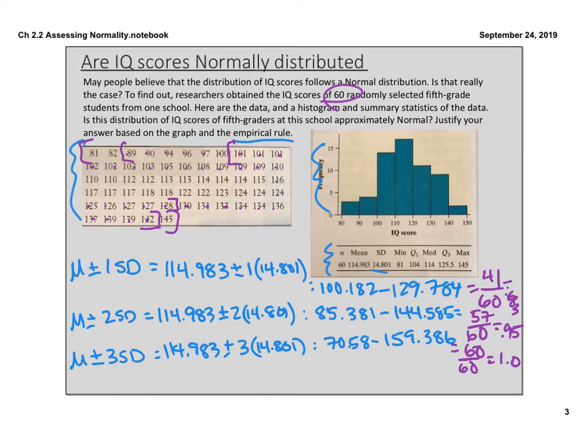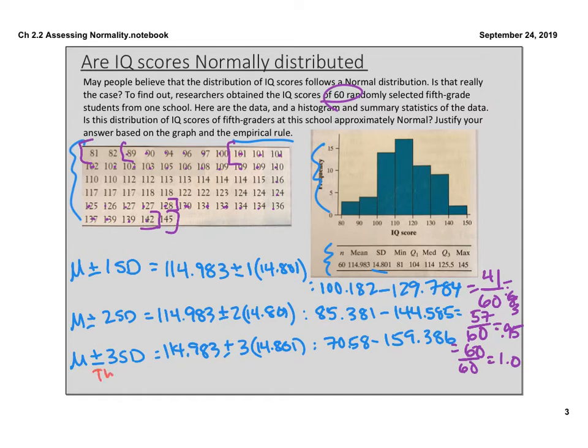So it's not exactly the empirical rule. I get 68.3, then 95, then 100%. It's not quite exact. However, it fits so closely that we could say that this distribution is approximately normal. So if I was going to write this up, that's what I would say.